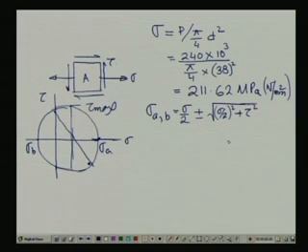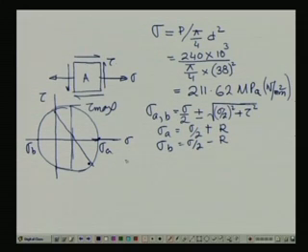This particular term is nothing but the radius of the Mohr circle, which is tau max. For simplification we write it as sigma 2, so sigma A equals sigma 2 plus r, and sigma B equals sigma 2 minus r, only to avoid writing this big expression so many times.